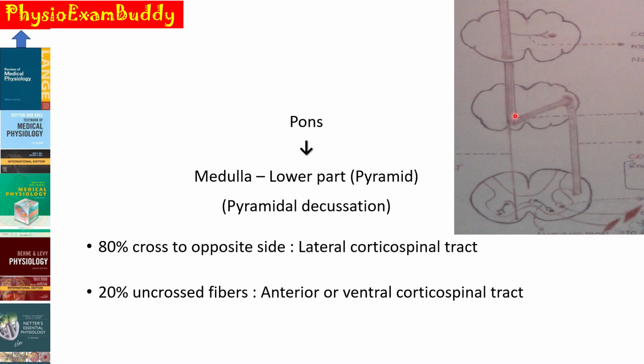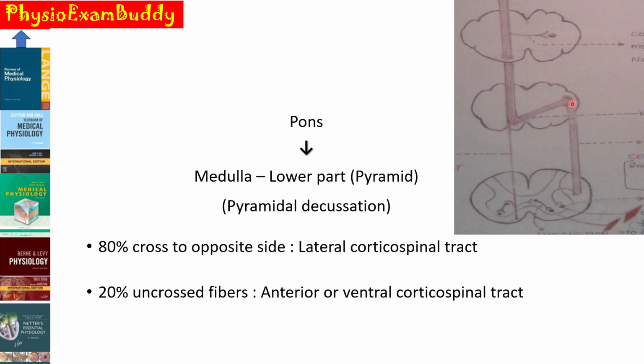What happens in the lower part of the medulla is that 80% of the fibers will cross to the opposite side, and they form the lateral corticospinal tract, whereas the 20% remain uncrossed, and they form the anterior or the ventral corticospinal tract. So please remember to draw these crossed fibers in a thick form, because 80% is crossing, whereas the 20% you have to draw in a thin pattern, because only 20% remain uncrossed.